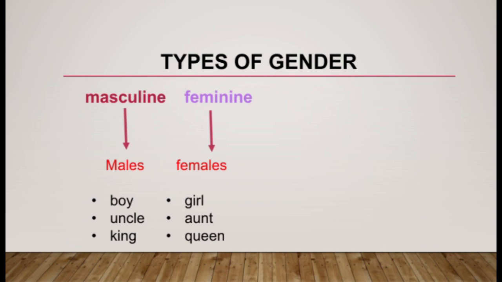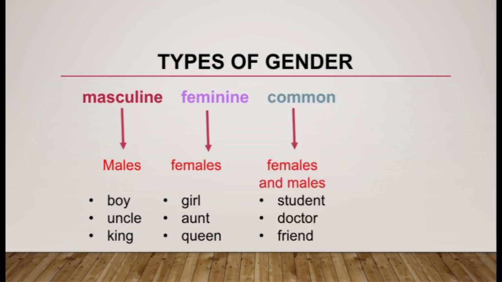For example, girl, aunt, queen. The third category is common. Common gender is used for both males and females. For example, doctor, student, and friend.